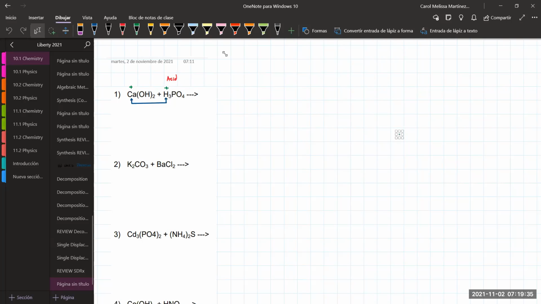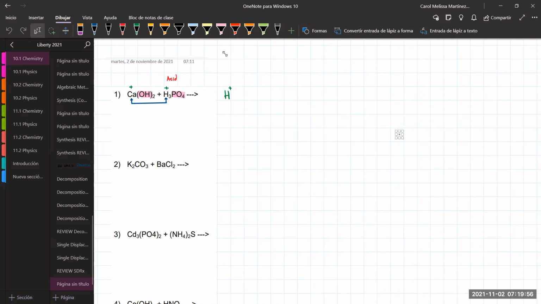Okay, so hydrogen is going to be combined with OH. Remember, the anion is going to remain in the same position.